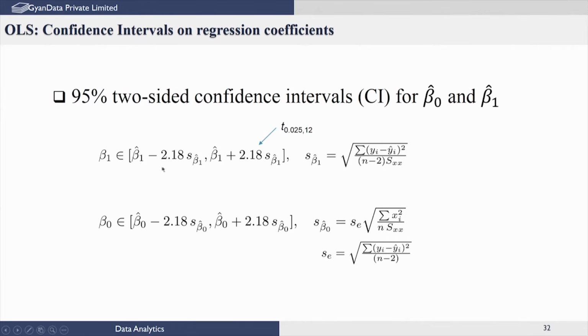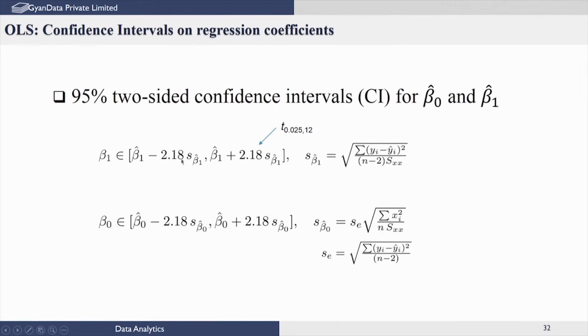So, we can derive it from this particular range, which is the estimated value of beta 1, which is beta 1 hat, plus or minus 2.18 times the standard deviation of beta 1 hat estimated from the data. Notice this is very similar to the normal case, which says that the true value will lie between the estimate plus or minus 2 times the standard deviation.